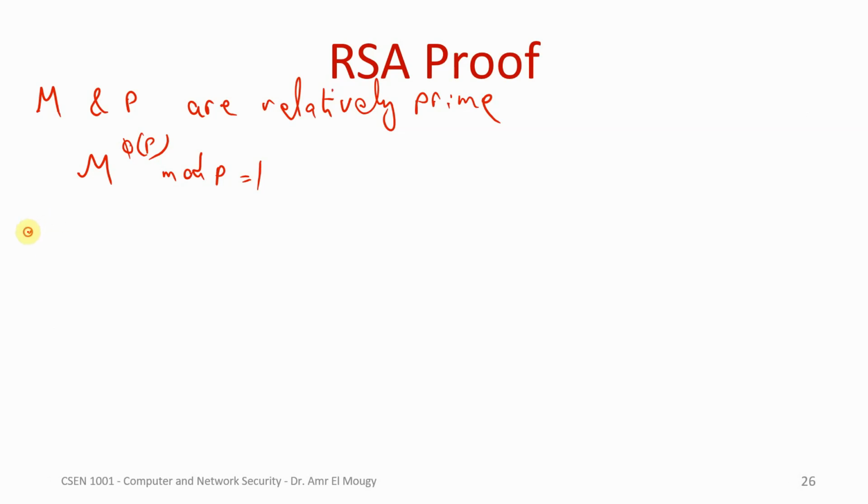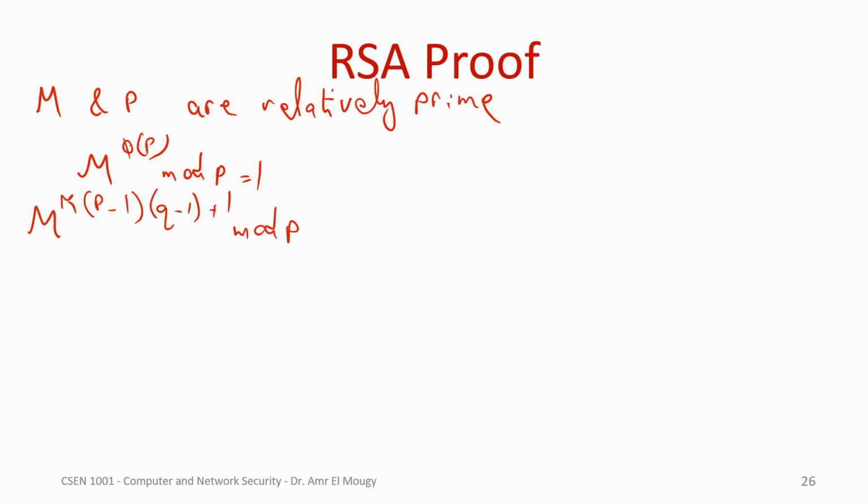Now we can say m power k(p-1)(q-1) plus 1 mod p. Remember, we're using mod p, not mod n, because we're going to do mod p, and then repeat the whole proof using mod q, and then we will be able to say that it will stand for mod n.